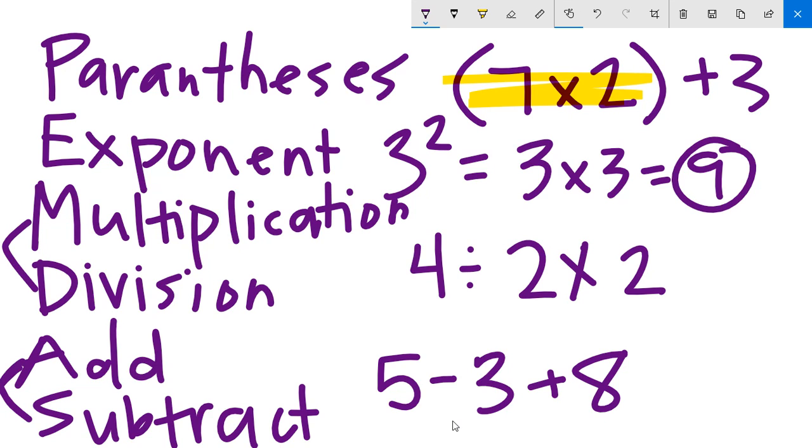So 5 minus 3 would be 2, plus 8, which would be 10. Now, again, if I switched these, so this was plus and this was minus, I would do the plus first because it comes first left to right. 5 plus 3 is 8, minus 8 would be 0.